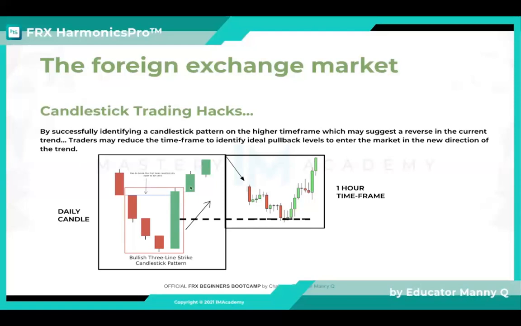Now, right when this candle closes, you can reduce the time frame, let's say to an hourly or a 15-minute, whatever it is that you want to do. Or in this example, let's say a 1-hour time frame. You can reduce it to a 1-hour time frame, and you can watch the candles begin to pull back and help you find an ideal price reversal level before continuing up.